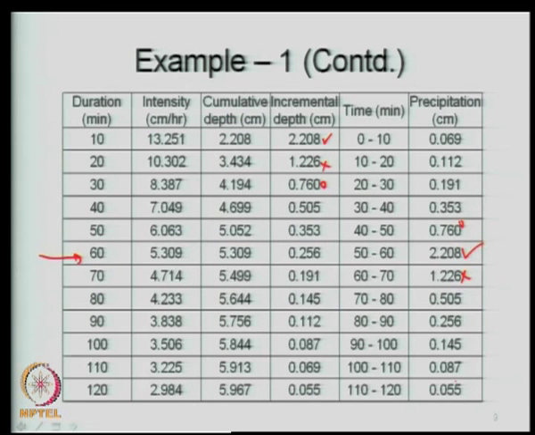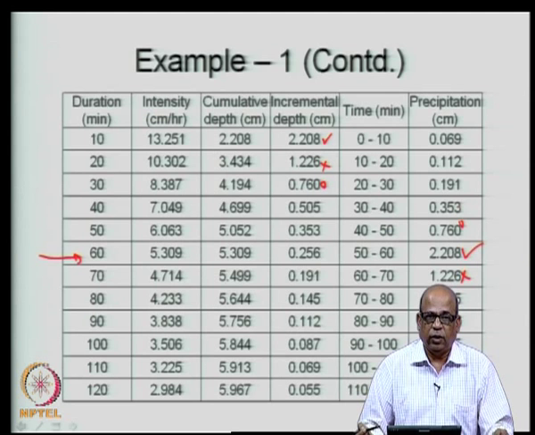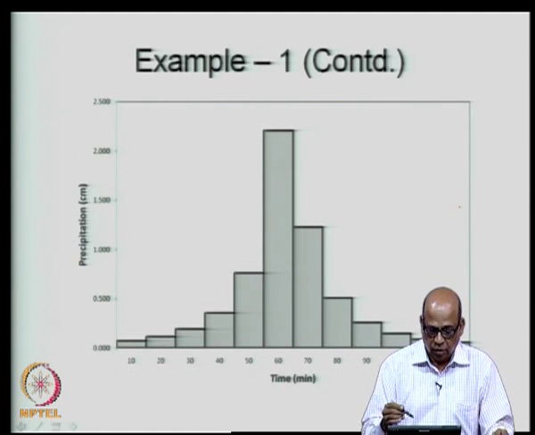This particular method is called the alternating block method. We are alternating: we take one value here, one value here, one next here, and so on. It is by far the simplest method of distributing the design intensity that you obtain from the IDF relationship. So, this is the hydrograph that you get.